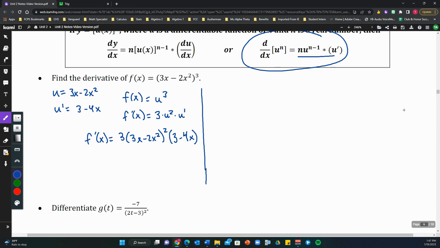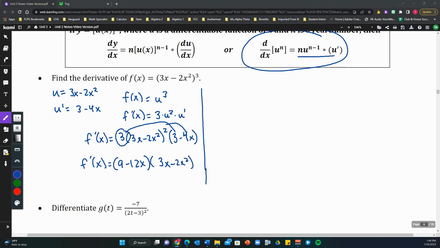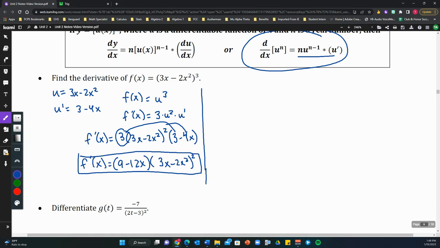Now, because we have a binomial squared and then this extra binomial, if you chose to, we could pull this 3 into those two terms, and I can rewrite this as 9 minus 12x and then multiplied by this group. Oops, forgot the squared on there. So that is our final answer.